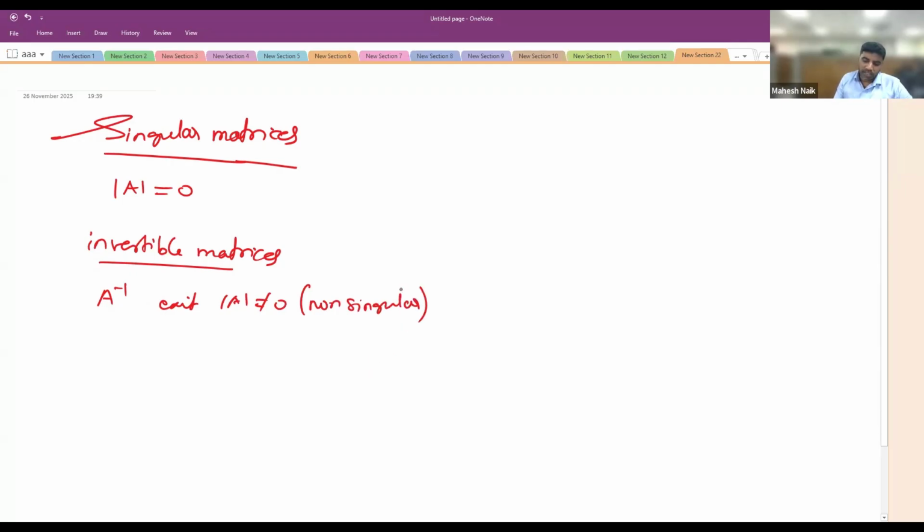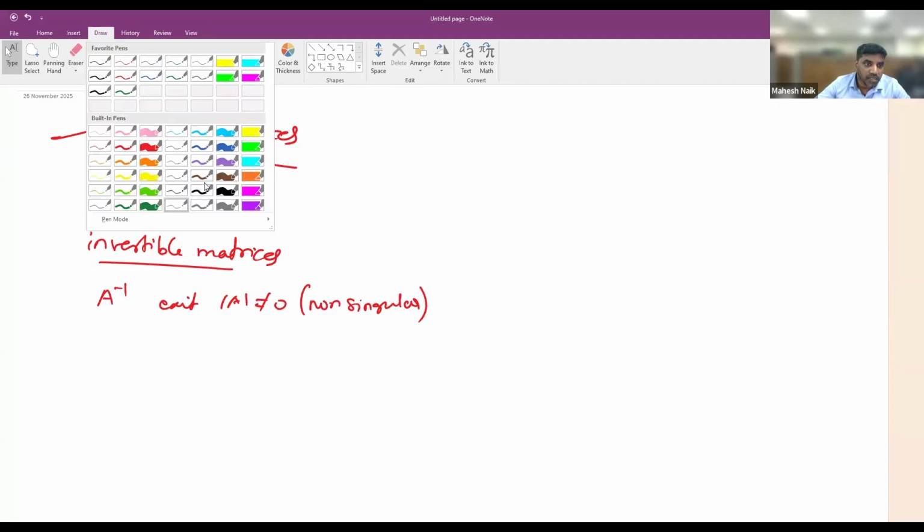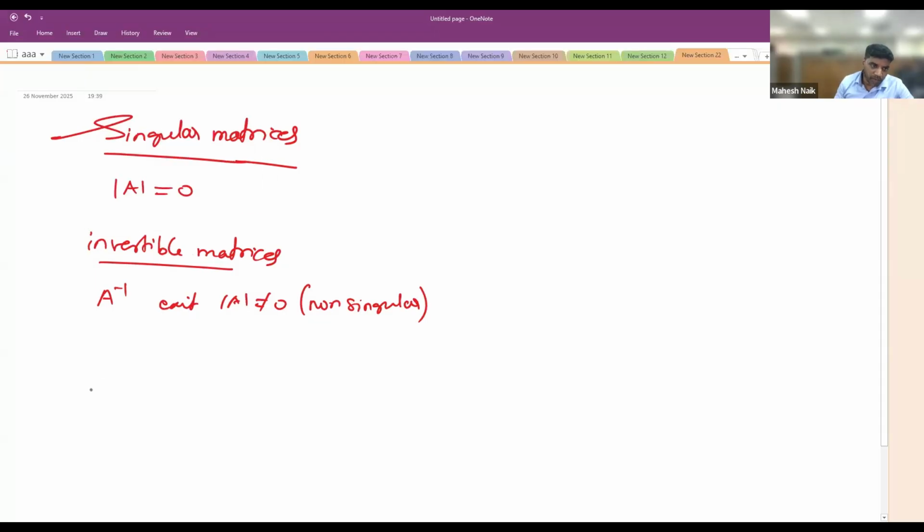Okay, so using this information, let's try to take up a question which has the requirement of this information. Let's say we have an n cross n matrix, and each element is 1. Then let's look at the options.